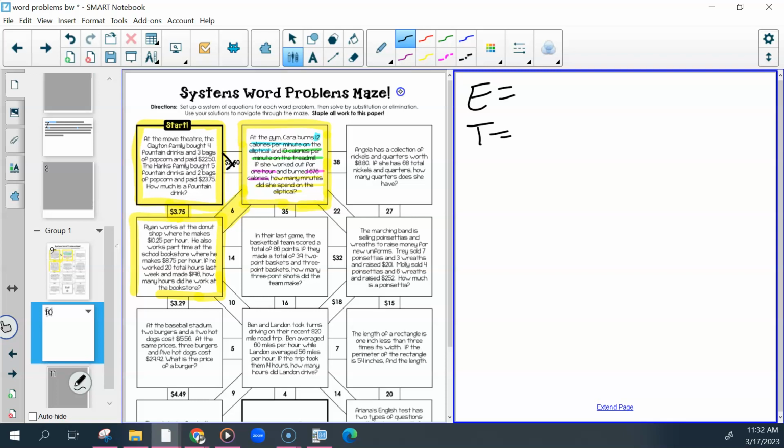Cameron? T would be the amount of number of minutes on Trevium. And then E would be the number of minutes on elliptical.